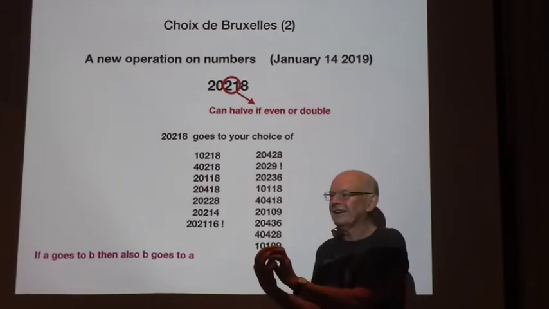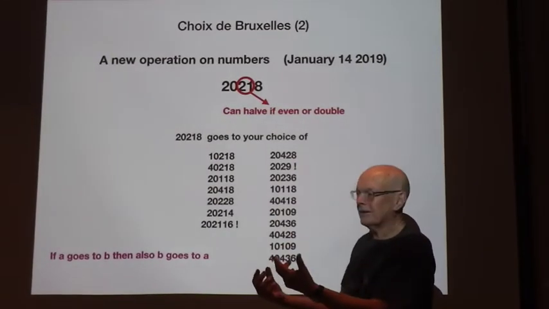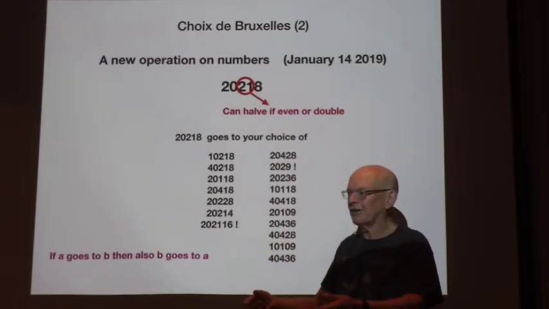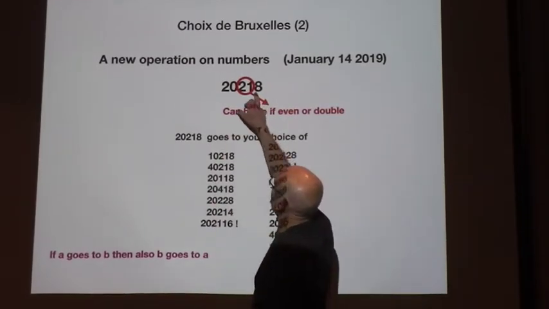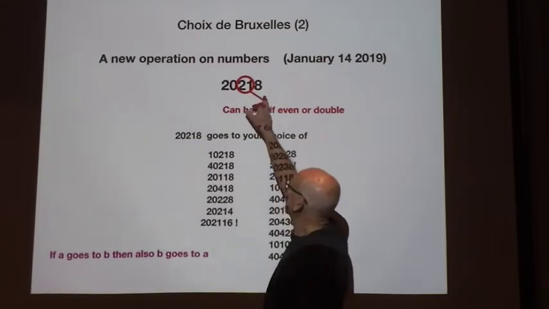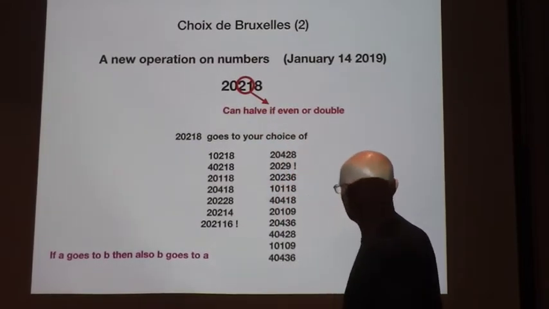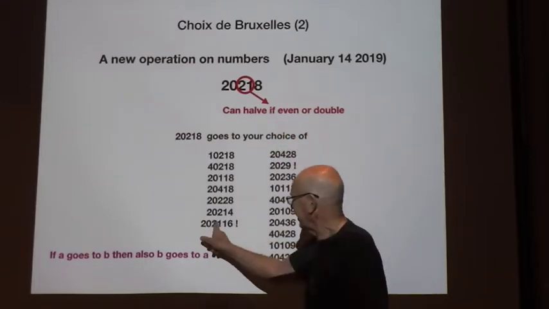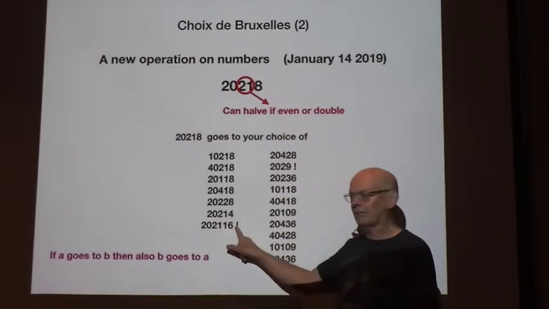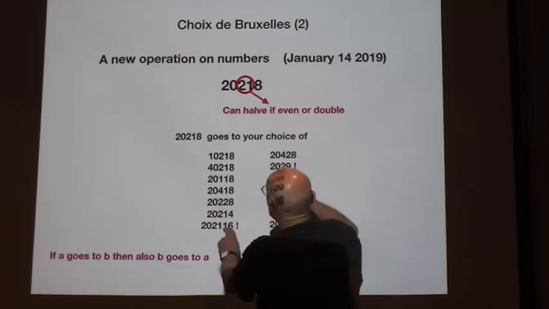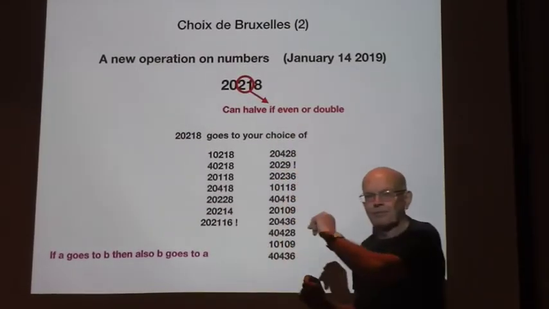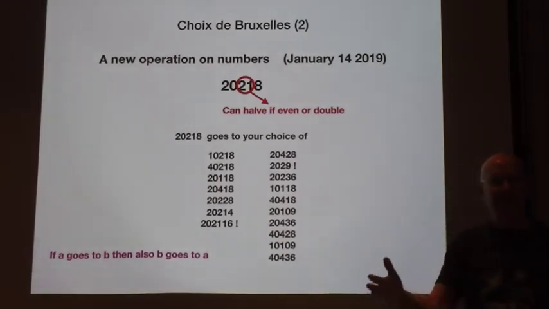And whether it's even or odd, we can double it. So that 8 we could change to a 16, which would give us 202116. I put an exclamation point after it, because what we've done is change that 8 to a 16 in its place. So that's increased the length by 1.